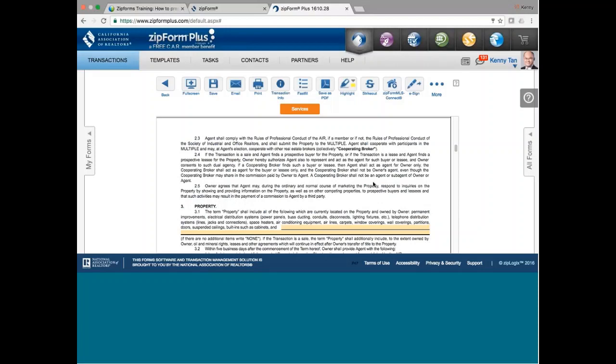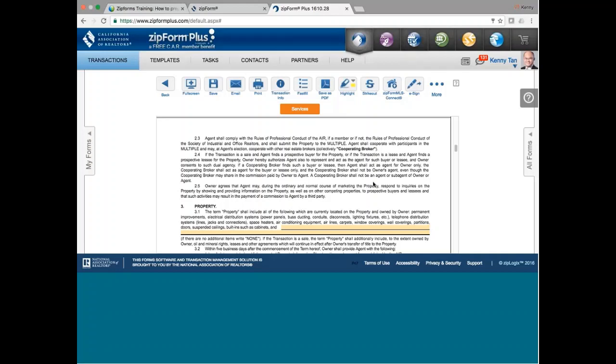The AIR form actually is more advantageous to a listing agent than the CAR form, because if you sign a 4 months listing with the client, and let's say within the first week you found a buyer, you open escrow, and the buyer wanted a 5 months escrow, right?